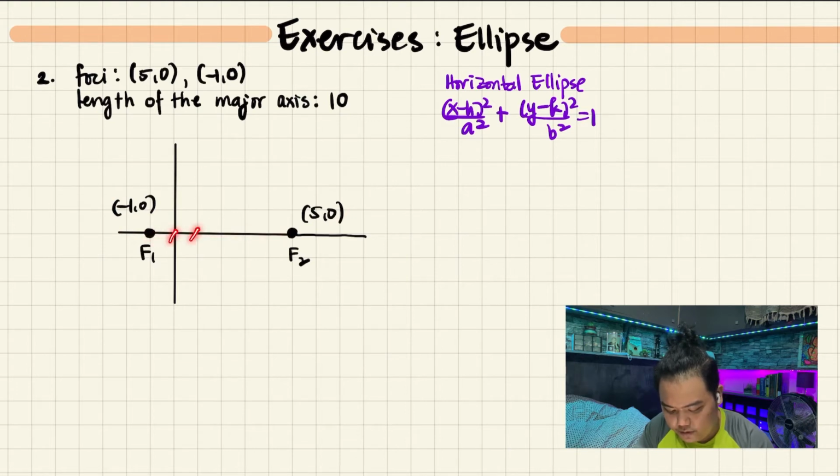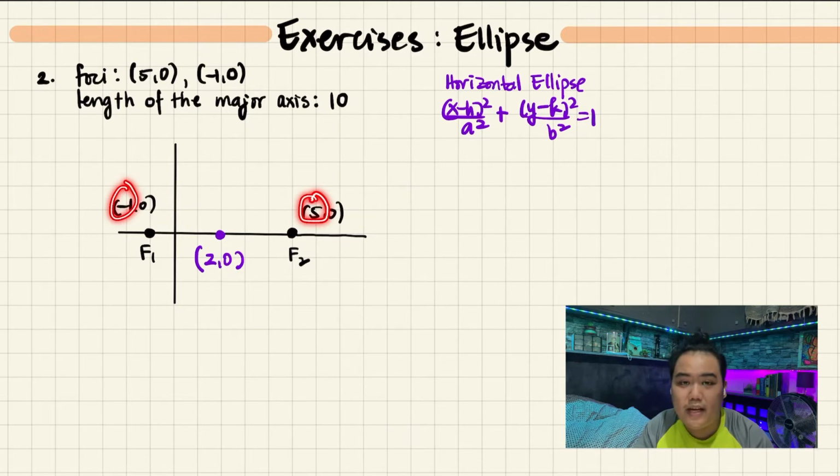So 1, 2, 3, 4, 5, 6. 6 units. So 3 units para makuha yung center. Midpoint. So which is 2, 0. Or pwede nyong gawin, you get the average of this. So 5 plus negative 1 is 4 divided by 2 is 2. Tapos 0. So yun yung center.